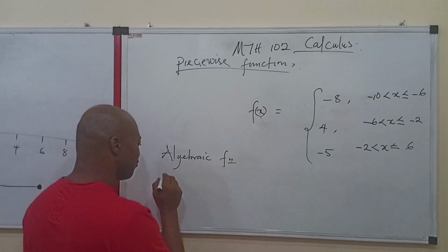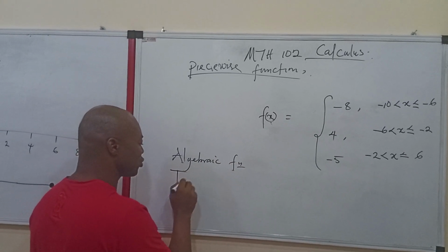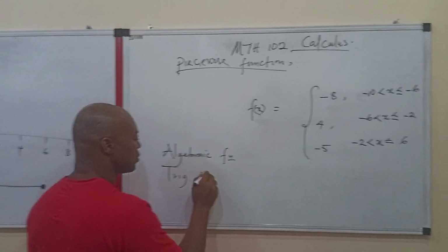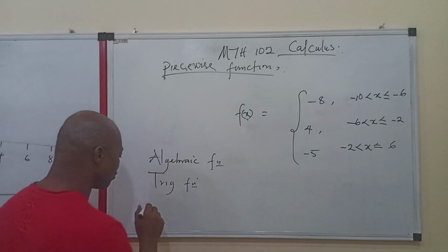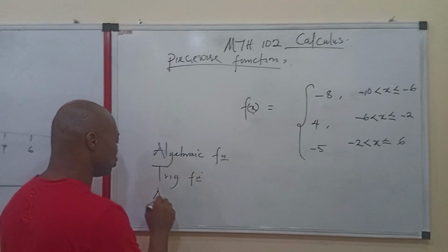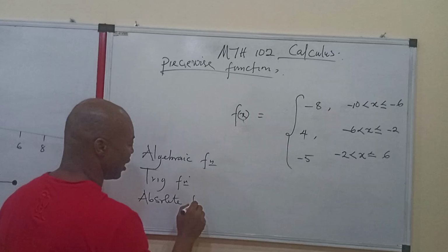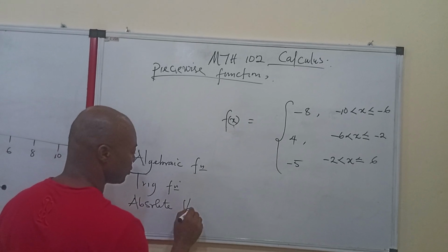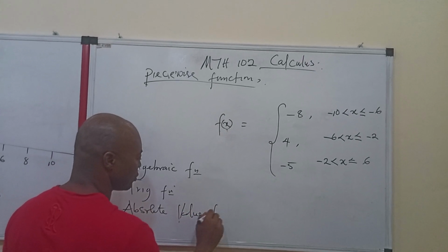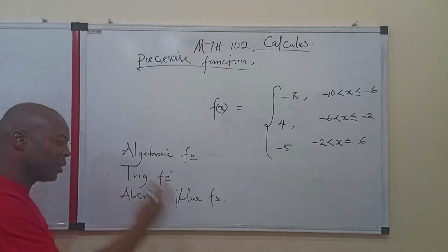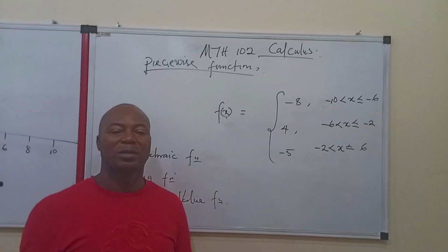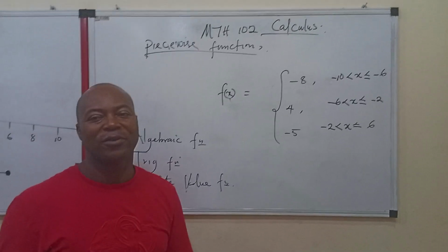The piecewise function, we fit also write am as trig functions. We fit also write am as absolute value function. We fit write am as different ones, no be only like a constant function.